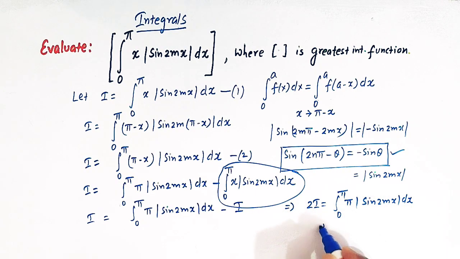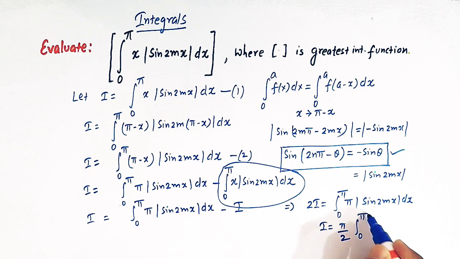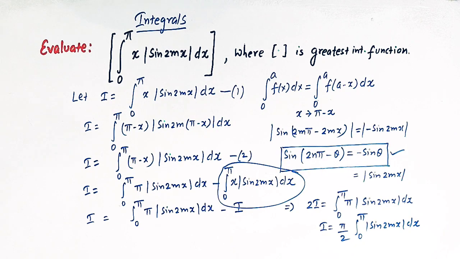So taking pi outside the integral, I is equal to pi over 2 times the integral from 0 to pi of mod of sine 2mx dx.